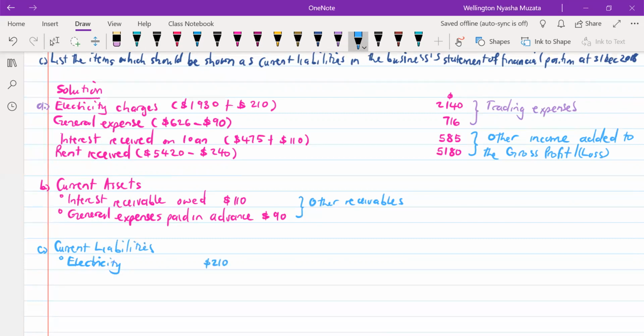That's a current liability. Another one, the rent received in advance becomes a liability because now we owe them. And that in itself is a current liability, $240.